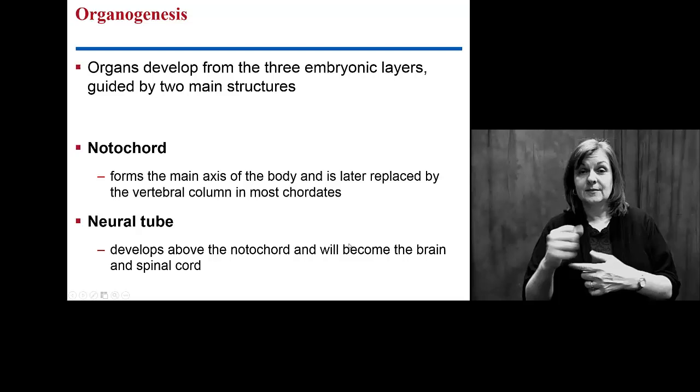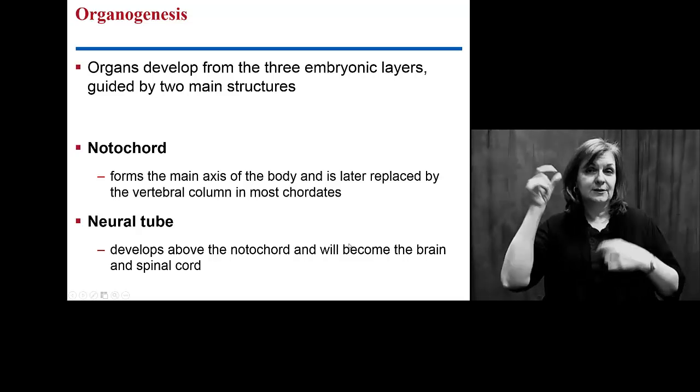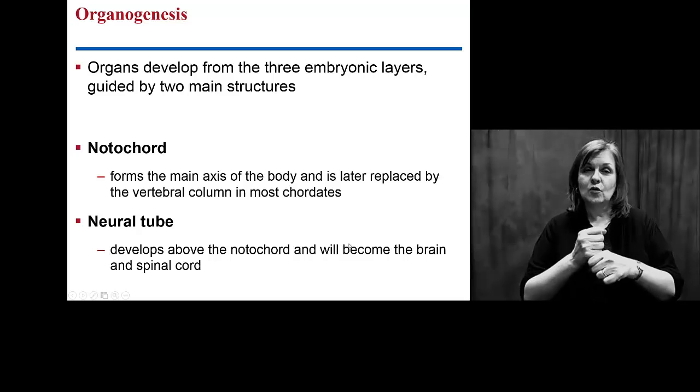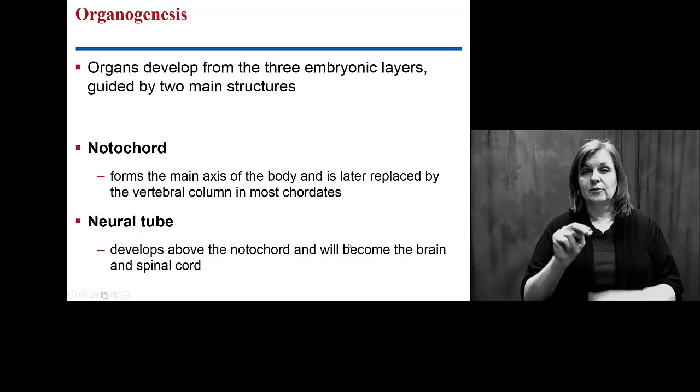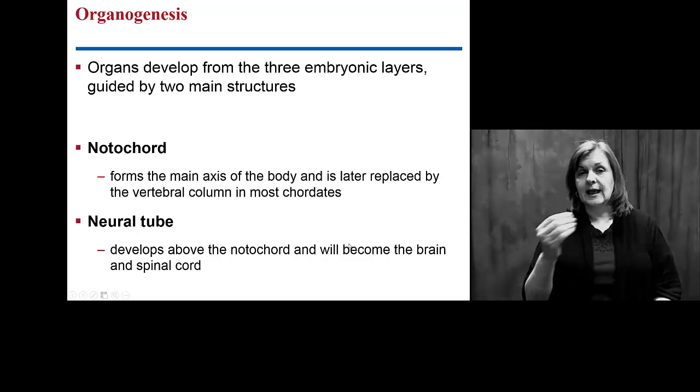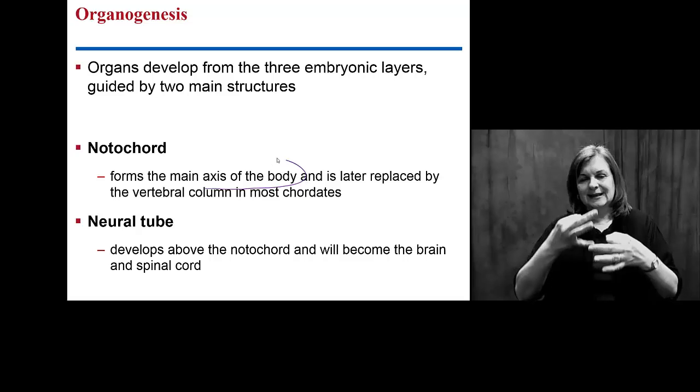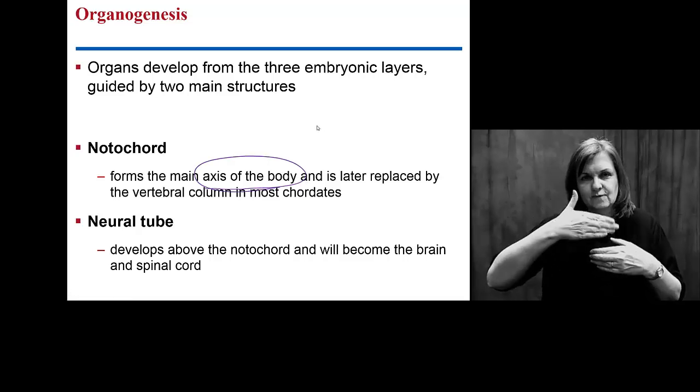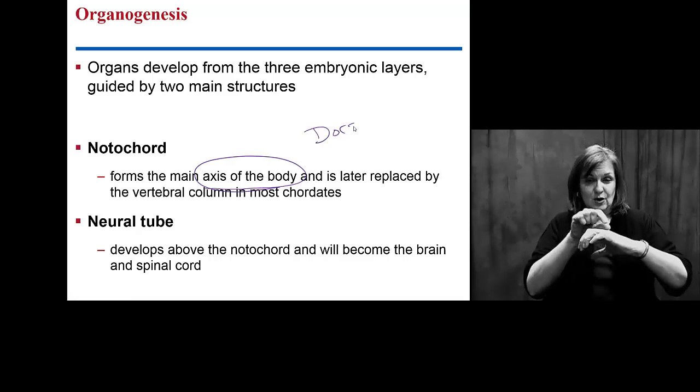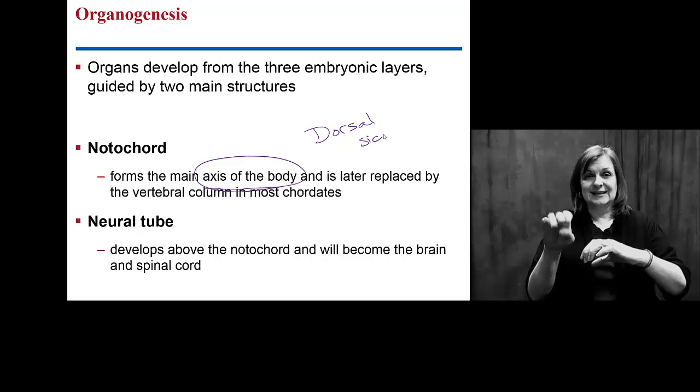The central nervous system, composed of your brain and spinal cord, is formed in embryonic development through the notochord and the neural tube. The notochord placement will form this axis of the body that I referred to, giving you a dorsal side.